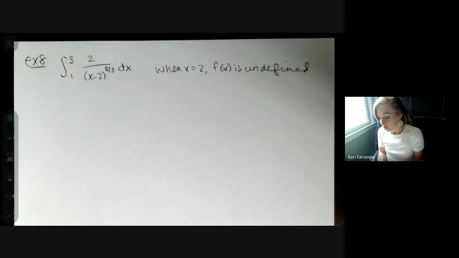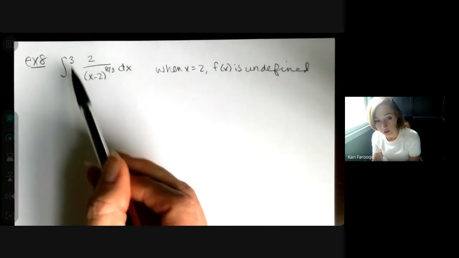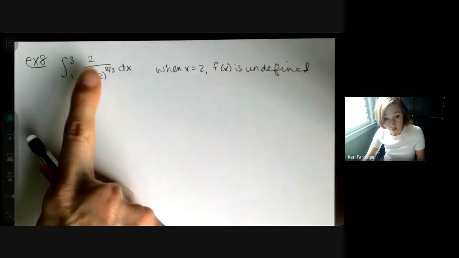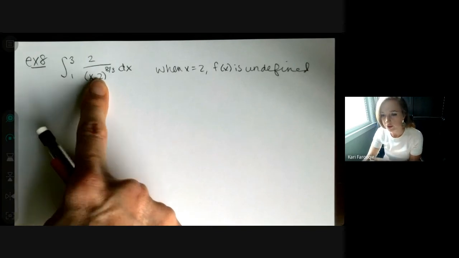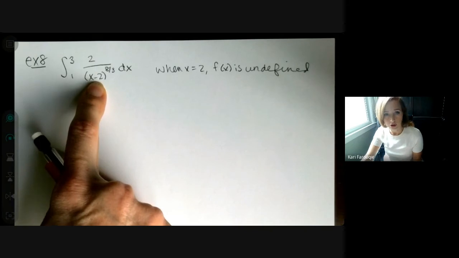So what we're going to do is set this up so that we're summing up two integrals. But notice that it matters greatly that 2 is in between 1 and 3. Now, if I asked you to integrate this particular function from, for instance, 3 to 5, no big deal, because the infinite discontinuity wouldn't occur between 3 and 5.